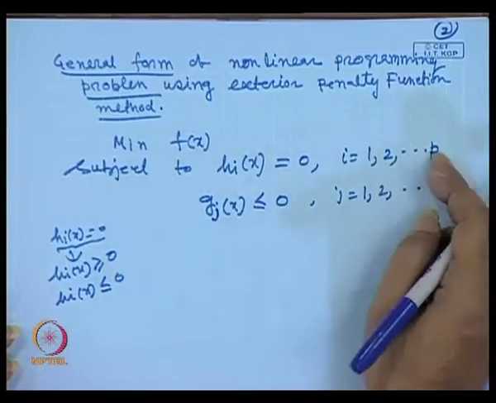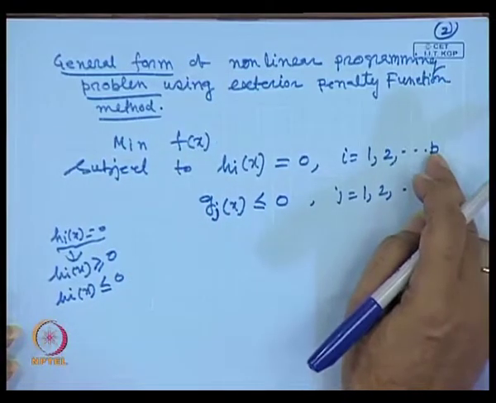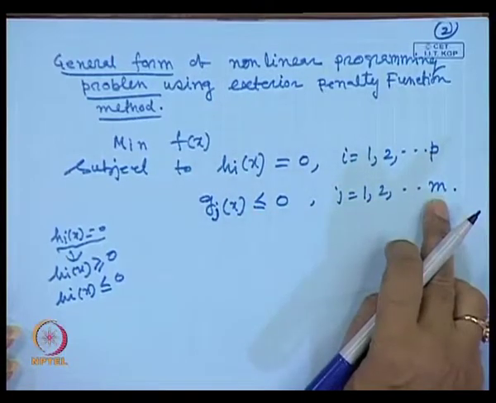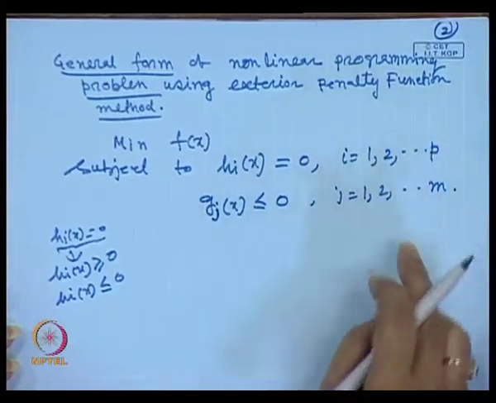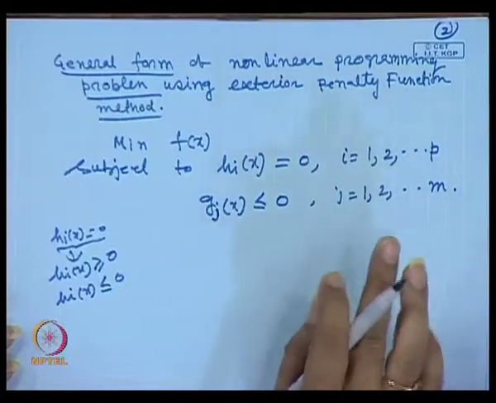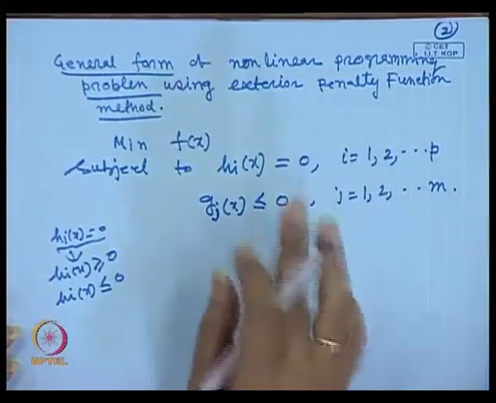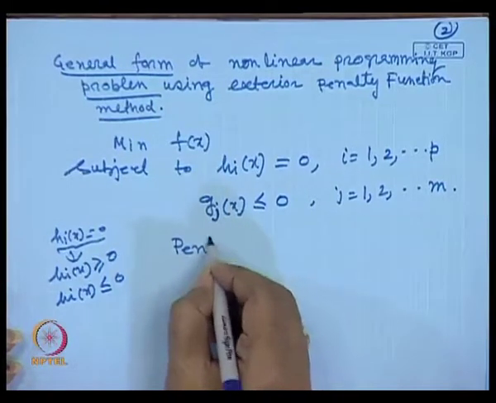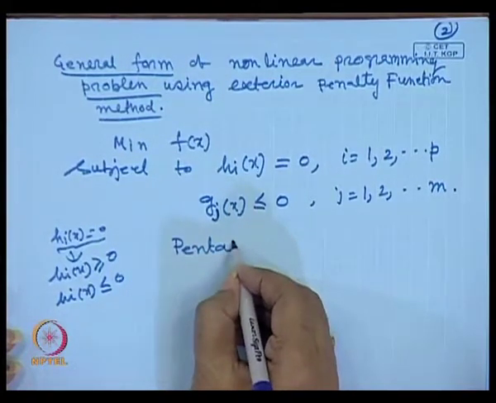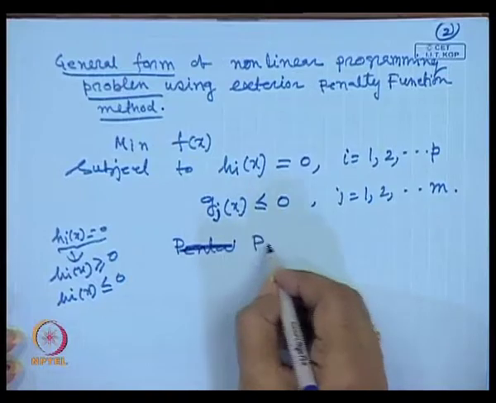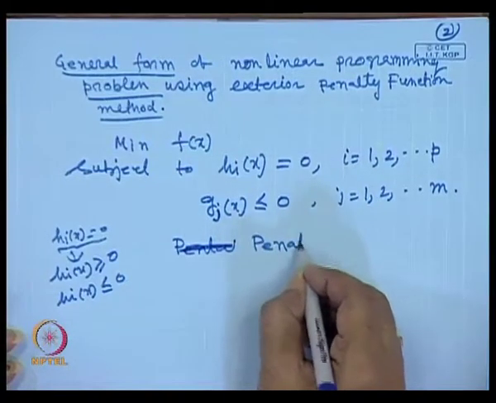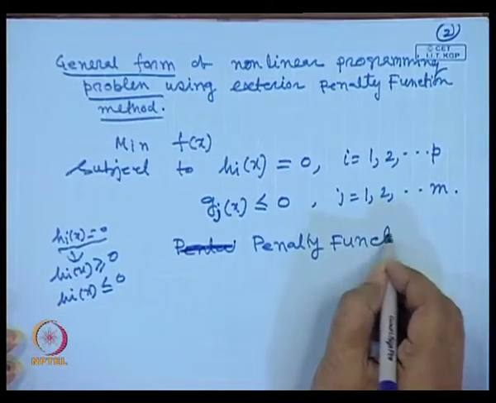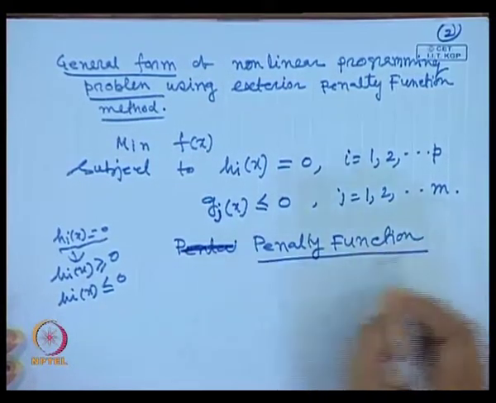Okay. So, we make some comments on this. Now, how to choose the initial values of the penalty coefficients, that means tau k and beta k?